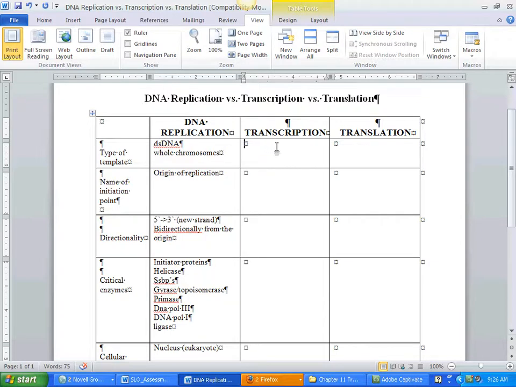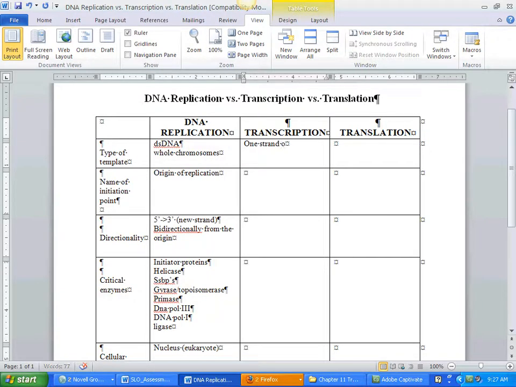Now we move on to transcription. In some ways, transcription is going to seem similar, but the purpose of transcription is just fundamentally different. The type of template that's used in transcription is chromosomal DNA, but it's only going to be one strand that's going to be copied.